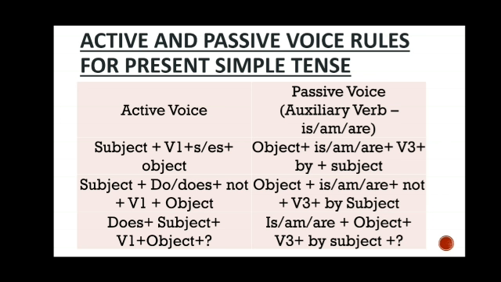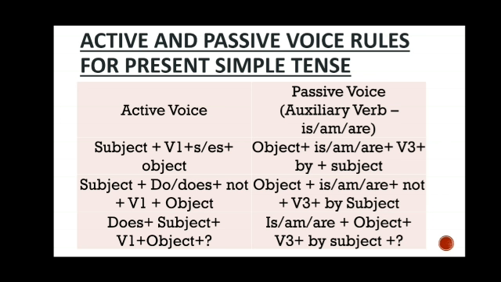And if we add not, subject plus do or does plus not, and then object comes. And in interrogative, does comes at first, then subject, then verb first form, and then object. Means in simple present you have three states: one is assertive, another is negative, and the last is interrogative.